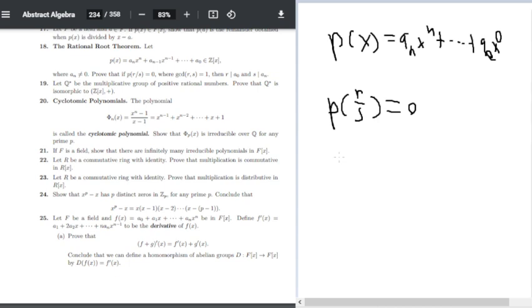So let me think of how one would go about this. p of r over s is equal to 0, which means that the sum of a sub i r to the i s to the n minus i is equal to 0.